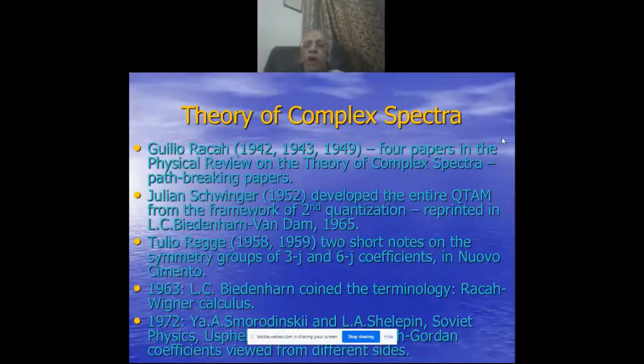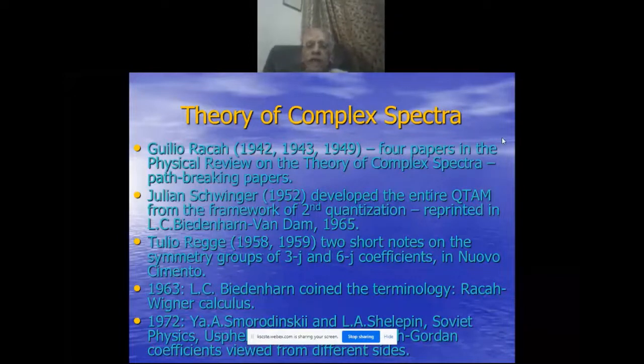In 1963, Larry Biedenharn, another giant in the area of quantum theory of angular momentum, coined the terminology and called this a calculus completely different from the normal Newtonian calculus. This is known as the Racah-Wigner calculus. So it is to the Racah-Wigner calculus that I am going to refer.